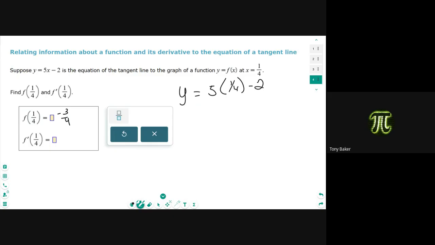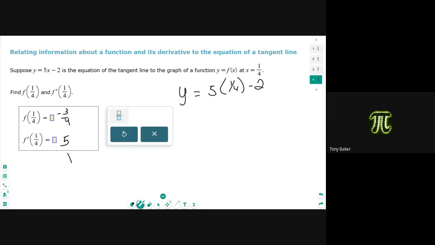What's the derivative telling me? How does the derivative relate to the equation or the function? It's the slope. Right, so it's the slope. So in my equation for the tangent line, what's the slope? 5. That is the answer to the derivative at 1/4.